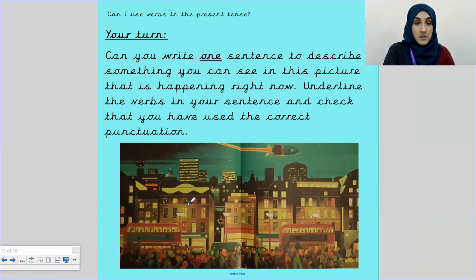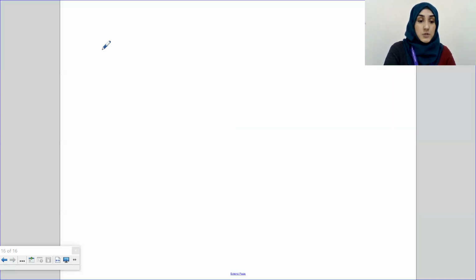I can see the lights are on. I can see people walking. I can see the bus is jetting past, or even the rocket is jetting past. I can see the bus is stationary, which means it's stopped. It's at a standstill.